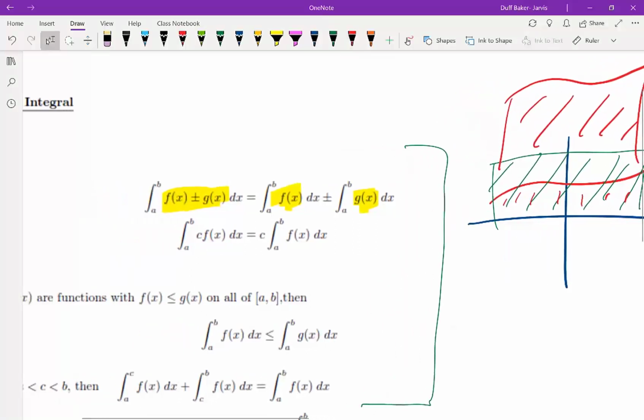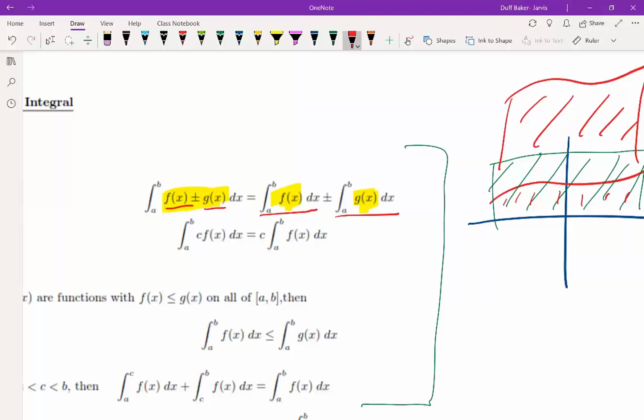So the moral of the story is you can do what we do with derivatives and limits and sums. If you have the integral of 2 things added or subtracted, you can break that into 2 simpler integrals and do them separately. But that only works for addition and subtraction; it won't work for multiplication or division.